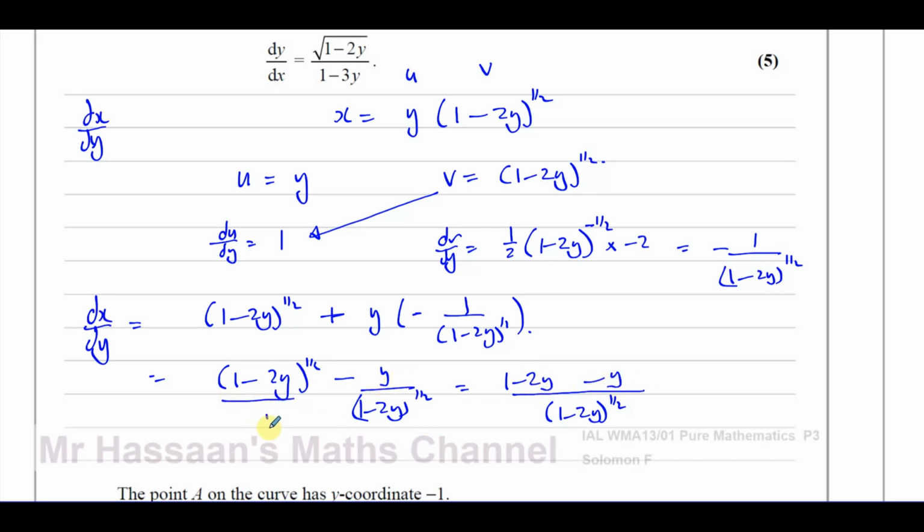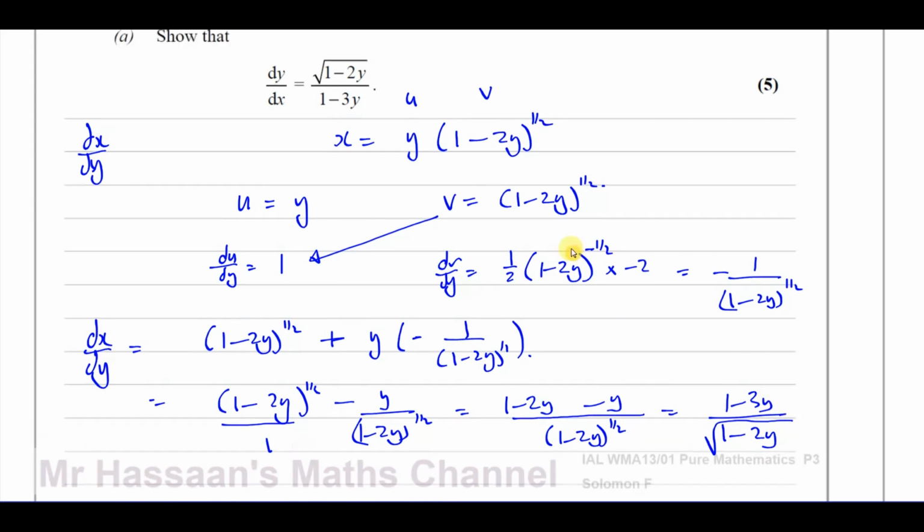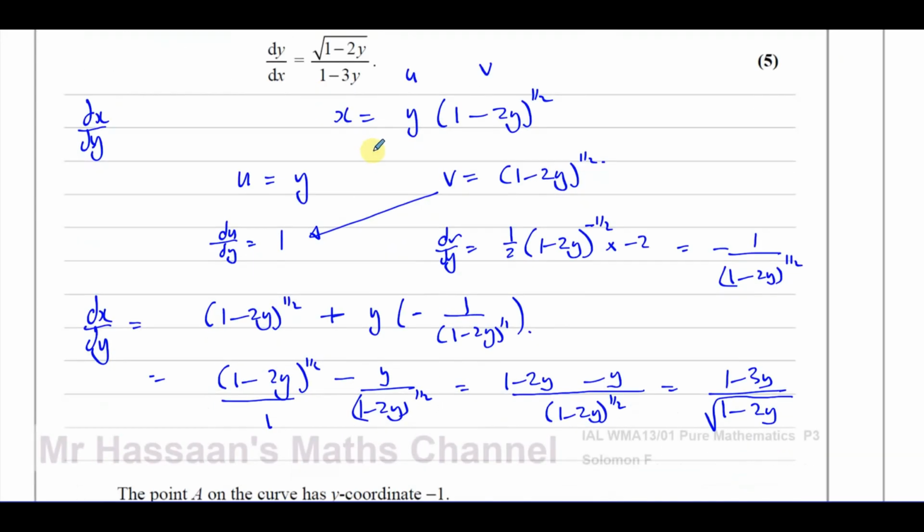You can say this is over 1, this times this, and that times that. That gives you 1 minus 2y minus y over 1 minus 2y to the power of a half. So you have 1 minus 3y over 1 minus 2y to the power of a half, and the power of a half means square root of. And that's exactly what we had to show.